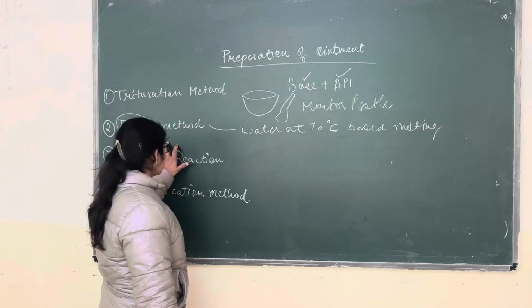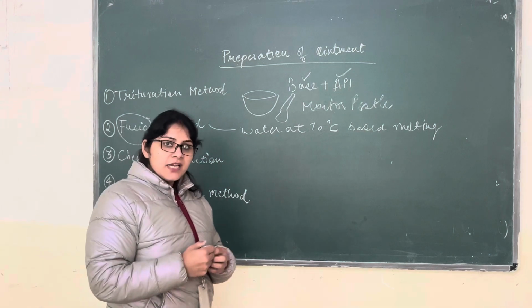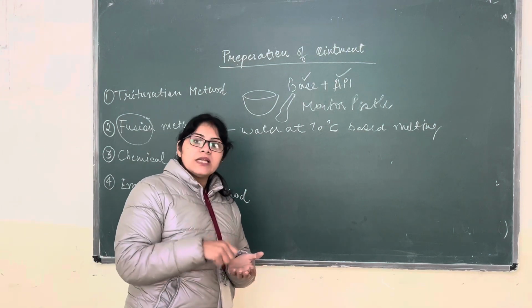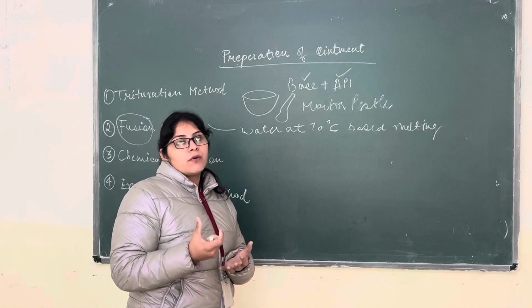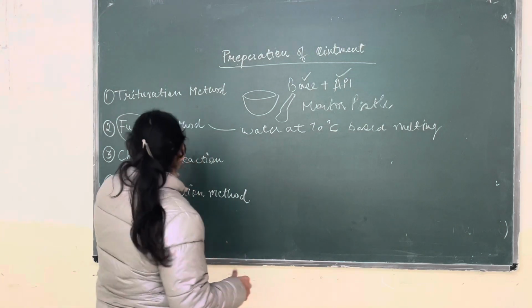So in the fusion method we first melt, then mix by cooling and continuous stirring, and form a homogeneous ointment.